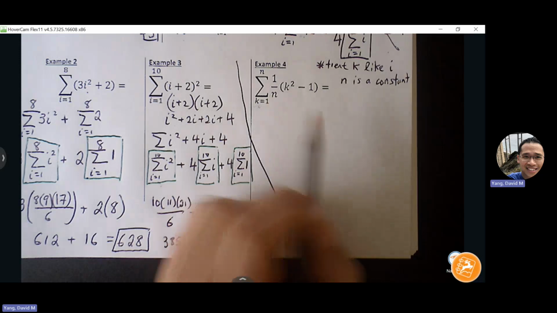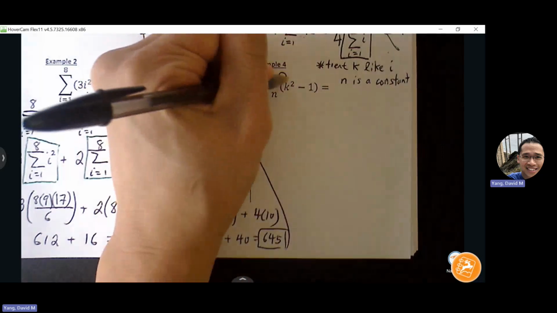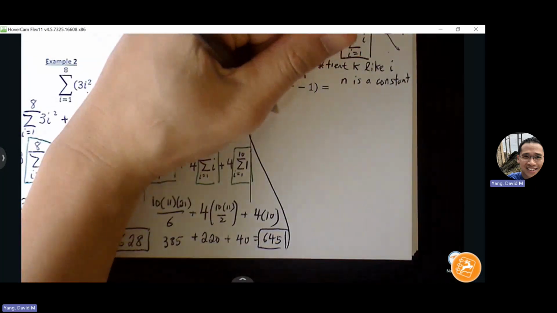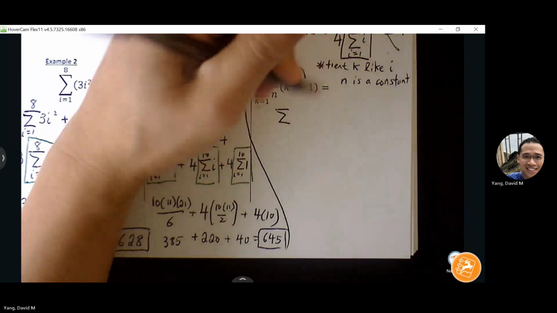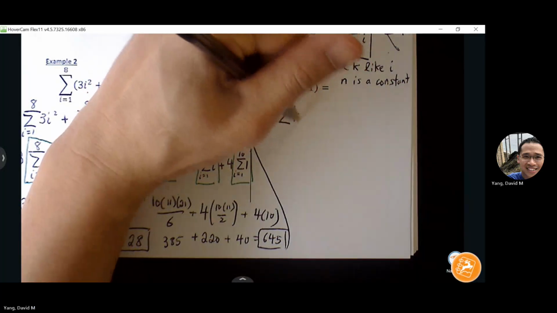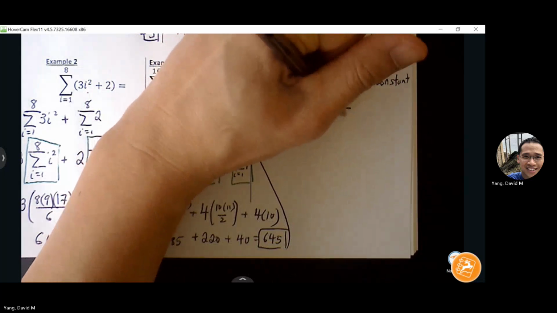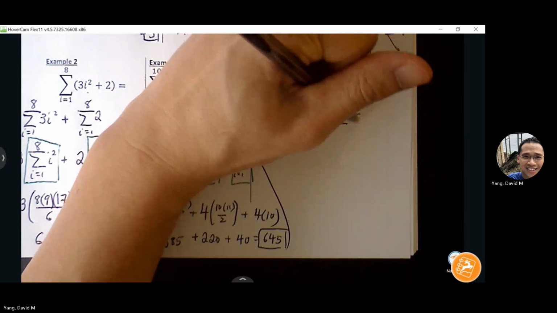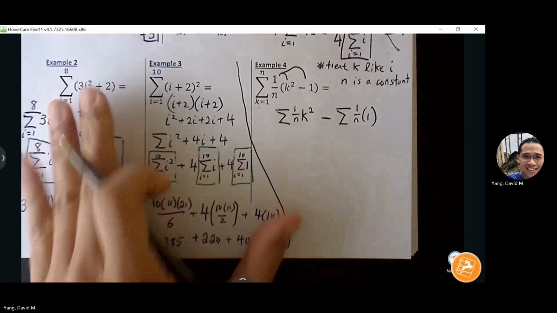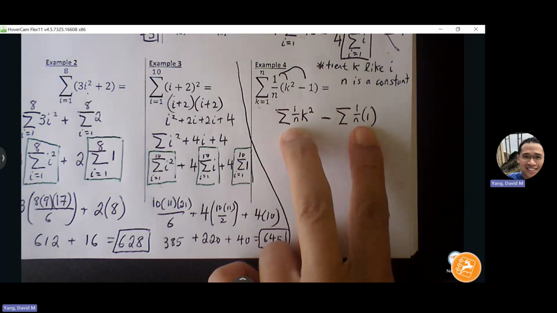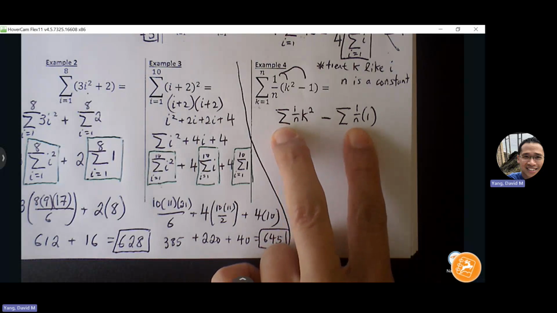We can distribute and then separate into individual sums. As I distribute and separate, I'm also making it into 2 smaller problems.